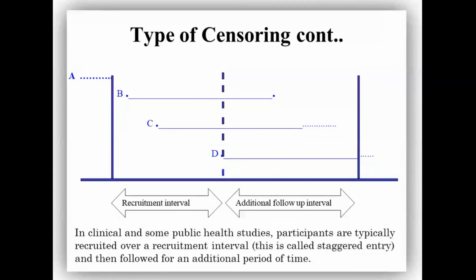Therefore, B is fully observed, and C is partially observed because we don't know when he will die. So that is right censored. D is in our follow-up, but he was lost to follow-up. He was right censored because we don't have the option to follow him from that vertical line onwards, because that is the end line.